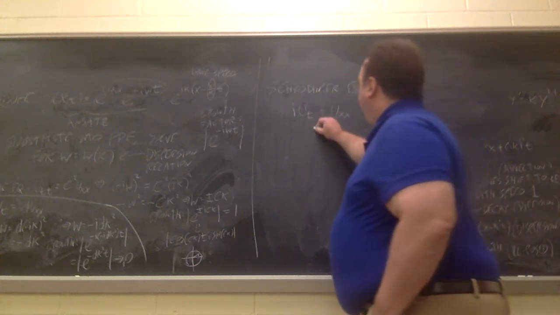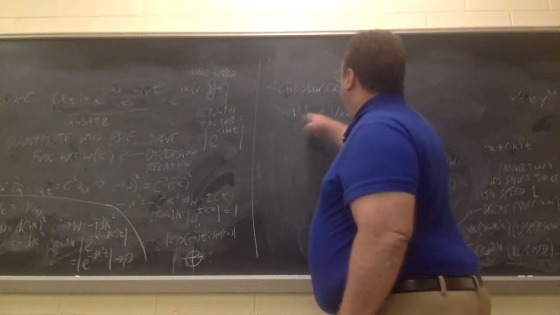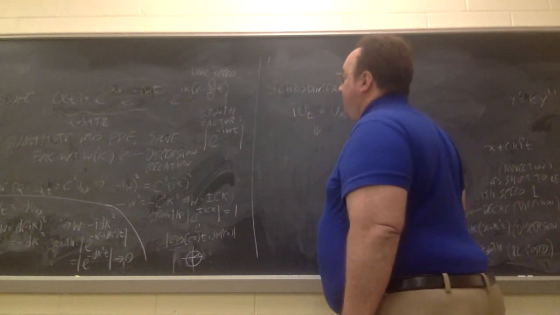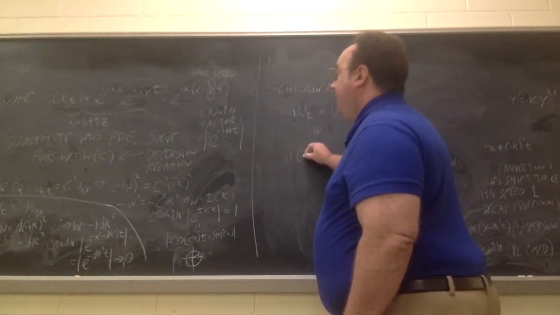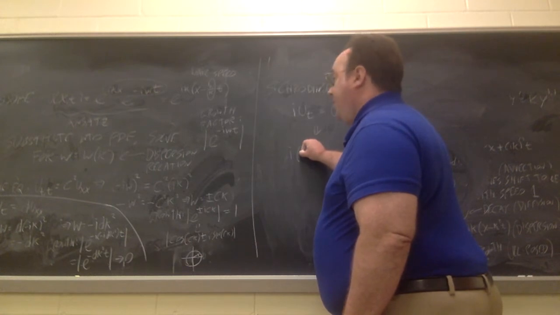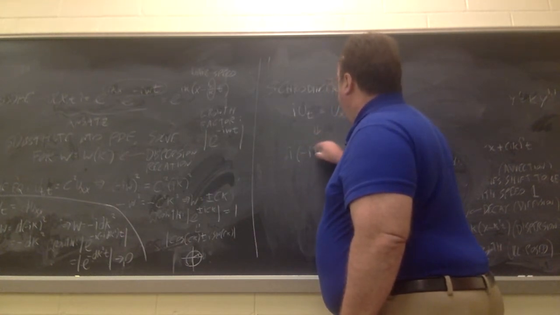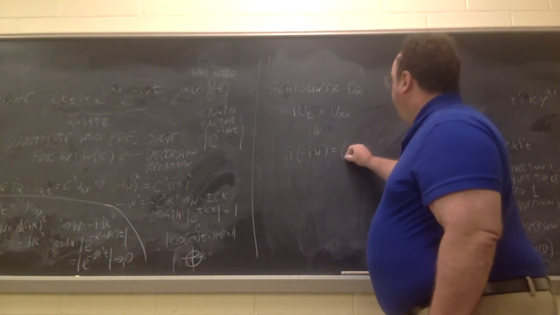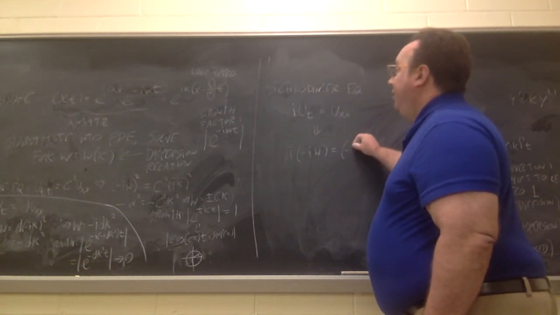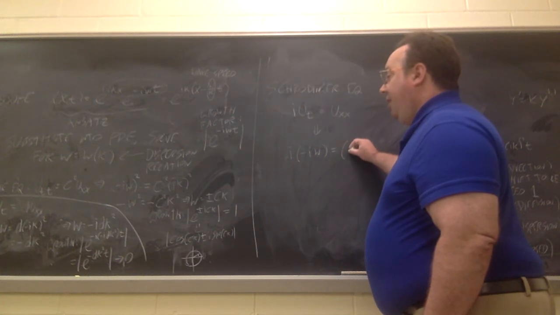on the right side. So if I substitute that u into the PDE, I'm going to get i, and then minus i w. And then on the right side, it's going to have minus, no, it's plus. Oh, I'm sorry.